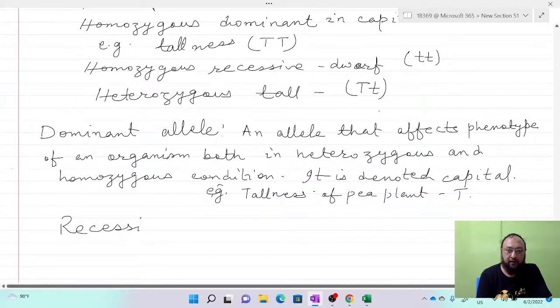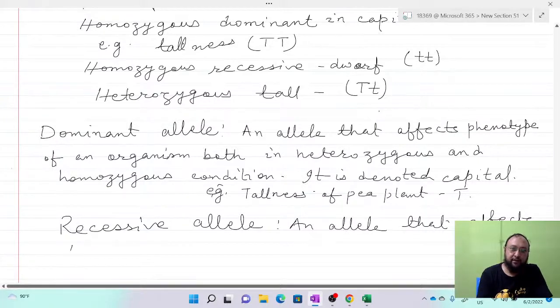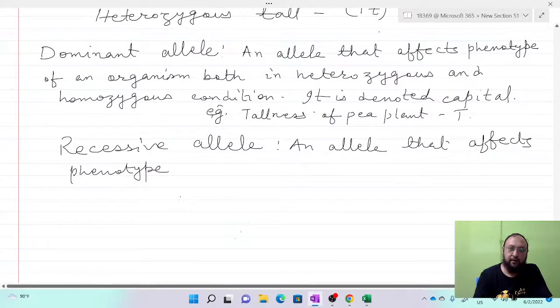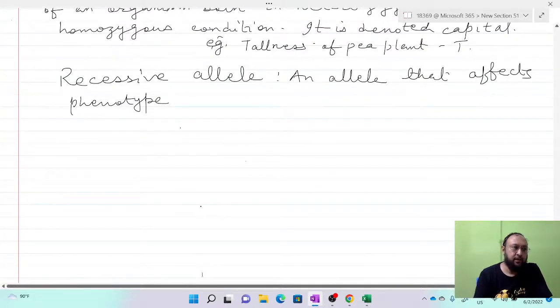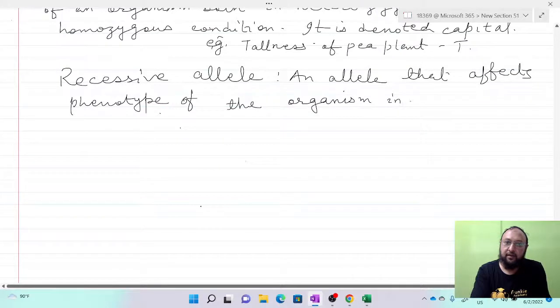Recessive: an allele that affects the phenotype of the organism in absence of the dominant allele.